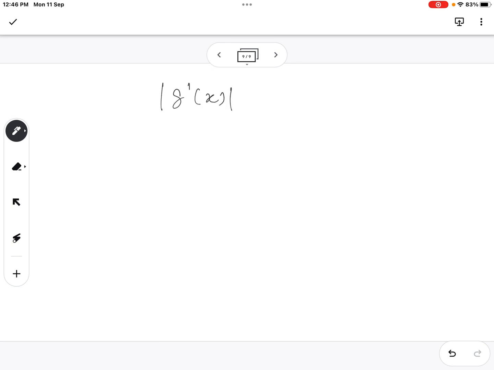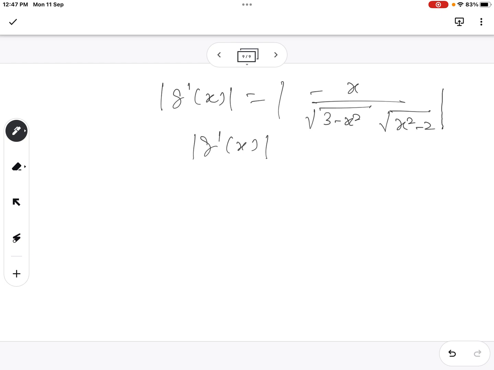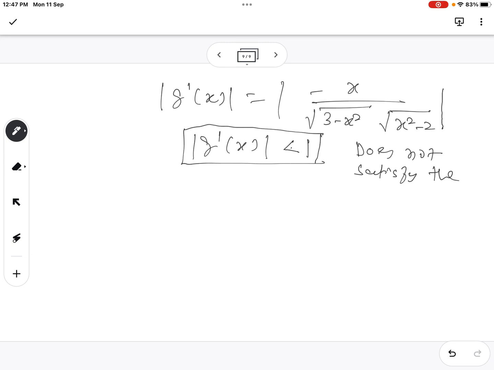The absolute value of g prime will be minus x by square root of 3 minus x square into square root of x square minus 2, and we see that this does not satisfy the given condition for convergence.